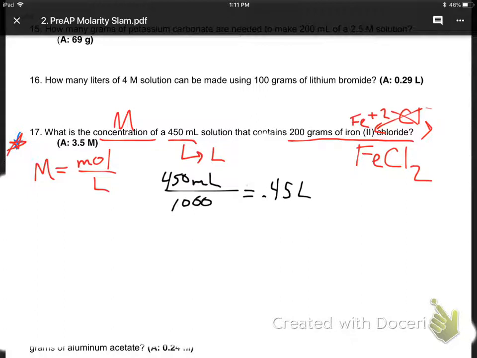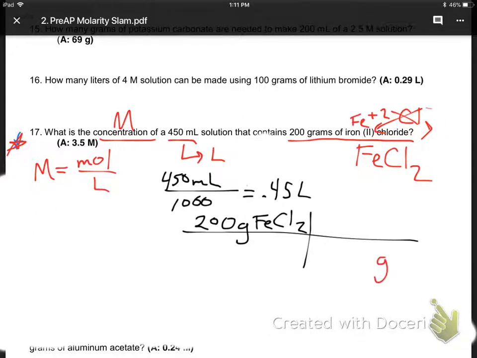And then now I have to convert those 200 grams of iron 2 chloride into moles. So 200 grams of FeCl2. All right. I look on the periodic table because I want to get rid of mass. It needs to come down. So about 127 is the molar mass of FeCl2 per every 1 mole.